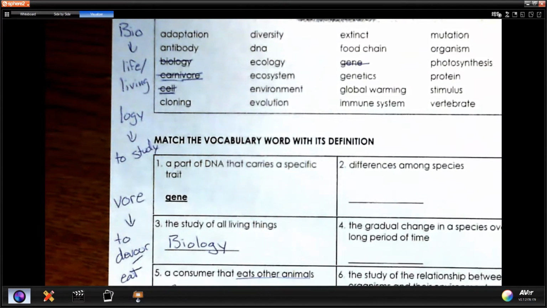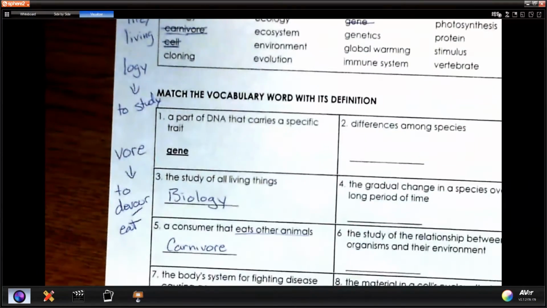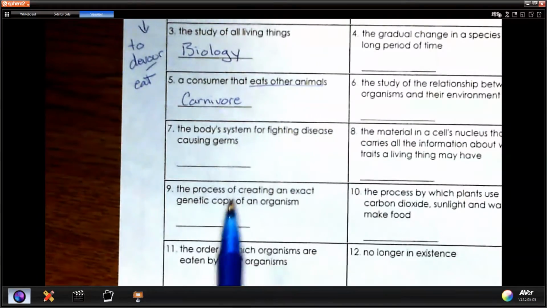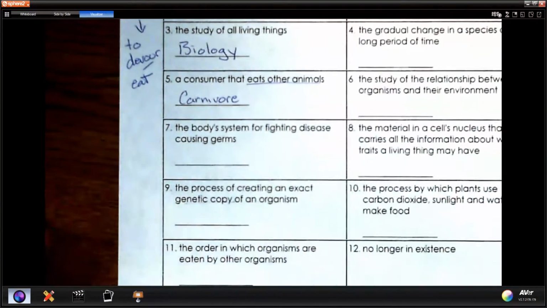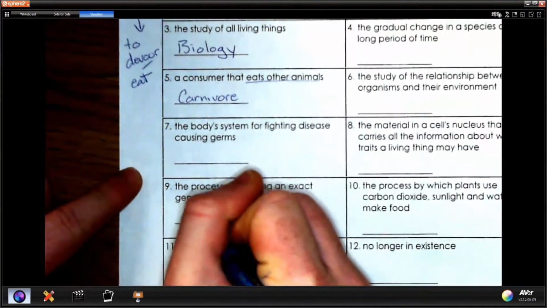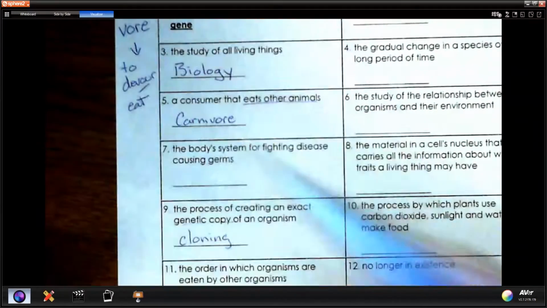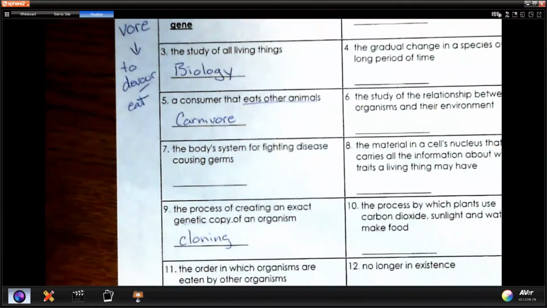Yeah, what's a clone? Yeah, you make a copy, right? So cloning, I'm looking for something that says to make a copy, right? Making an exact genetic copy. Oh, cloning. I know a clone is a copy of something. So cloning would be the process of making a copy.